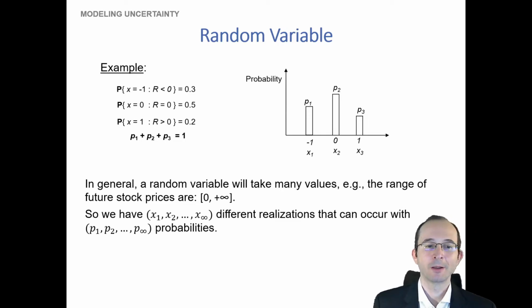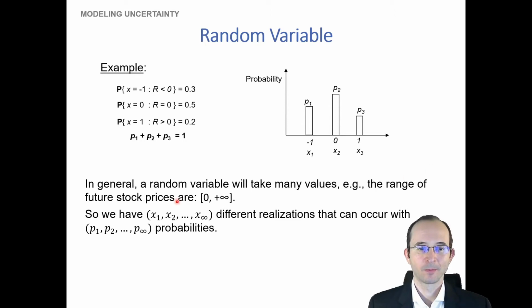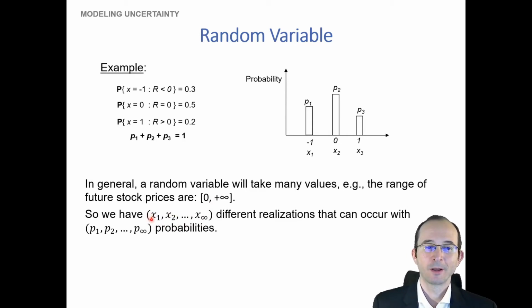So for a price, the range will be 0 to infinity. And so we can then think of all of the possible realizations as essentially a vector, the values of the price. And each element of that vector will be accompanied by a certain probability.